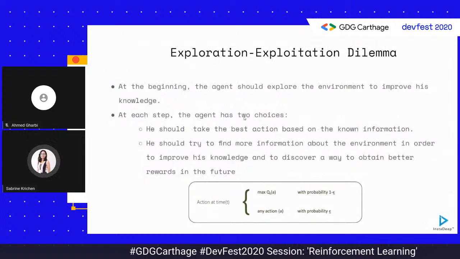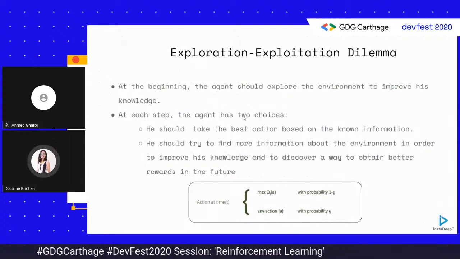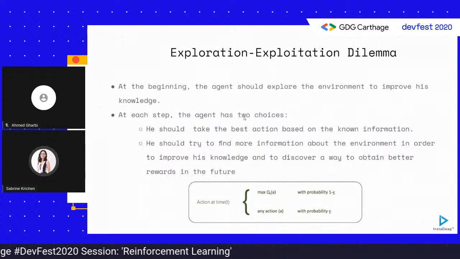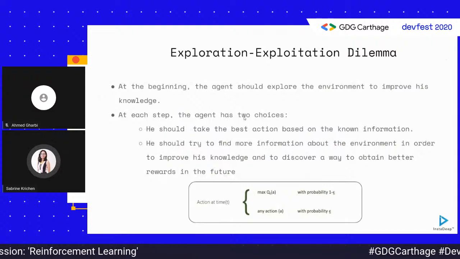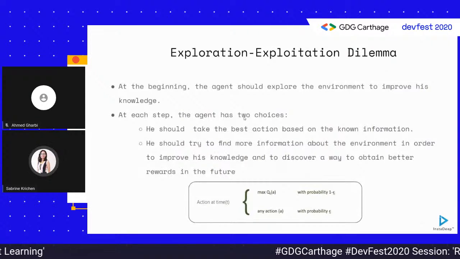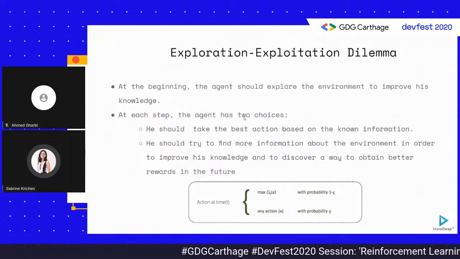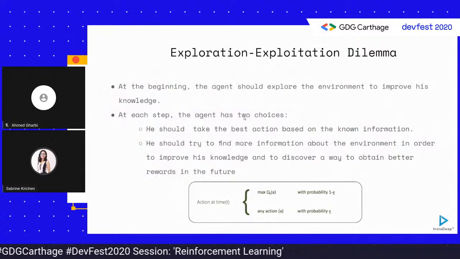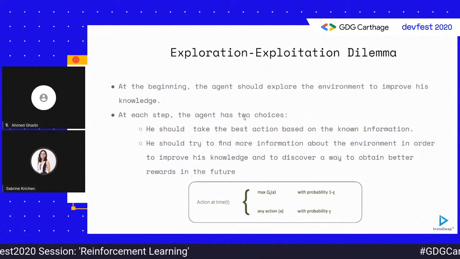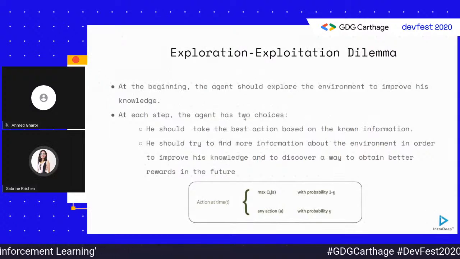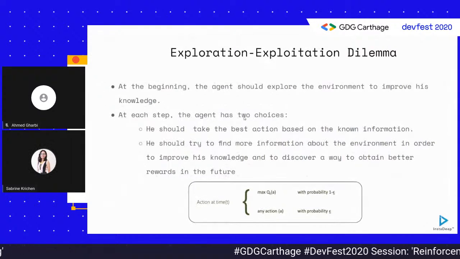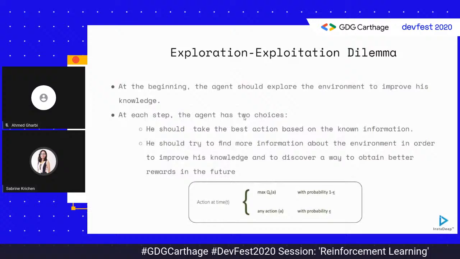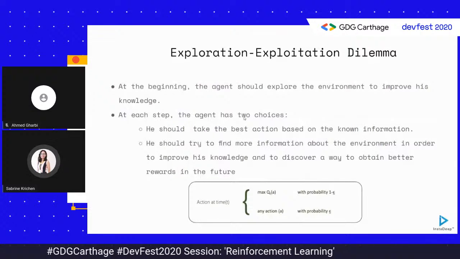The way we do it is with an epsilon value: with probability 1 minus epsilon, the agent will choose to perform the action with the maximum Q value, and with probability epsilon, it will choose to perform a random action.